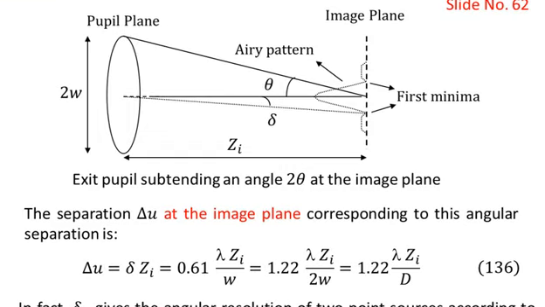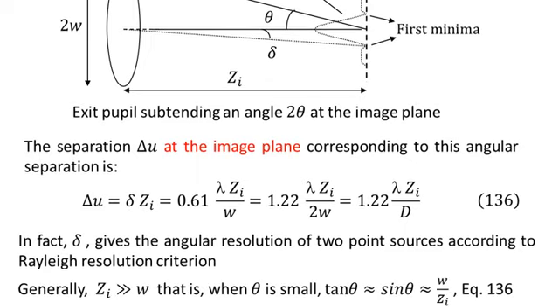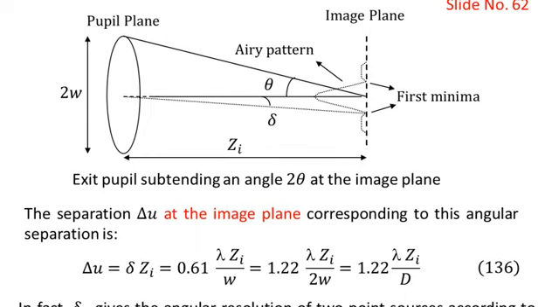Now we can also find out the width of this main lobe, that is delta u. This separation delta u at the image plane corresponds to the angular separation delta that we have mentioned. So delta u is equal to delta multiplied by zi.